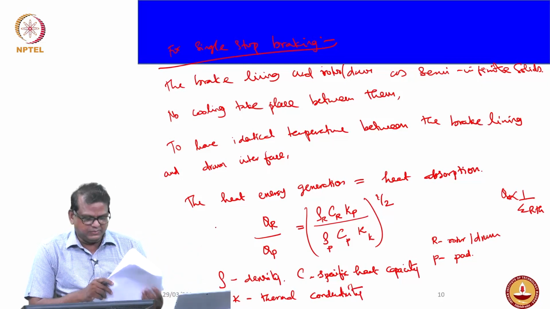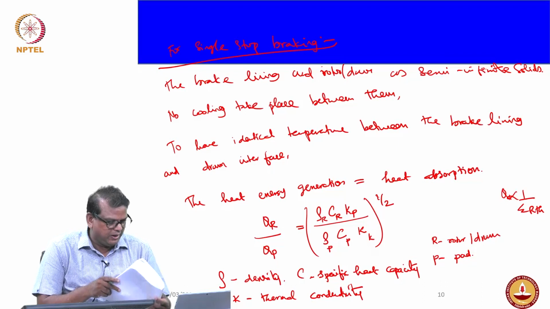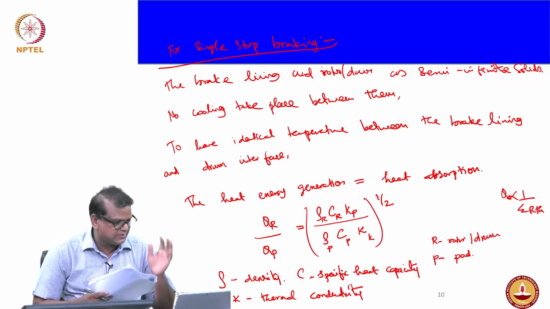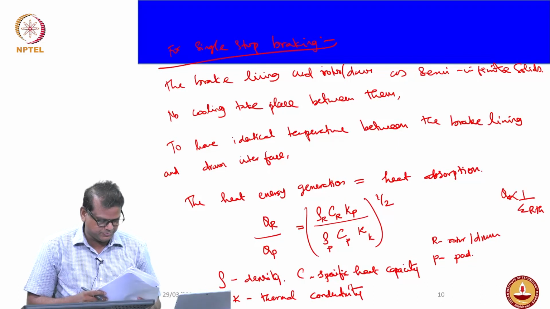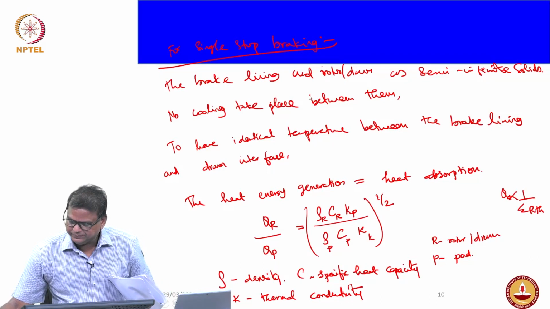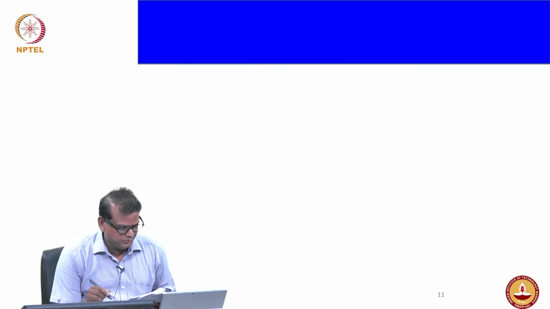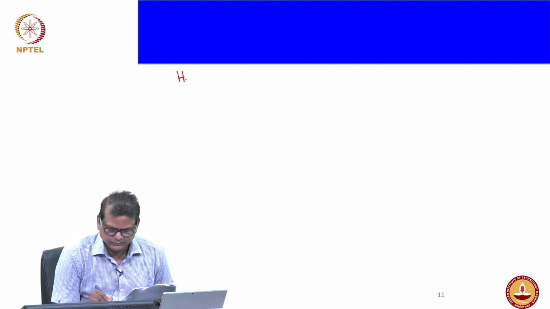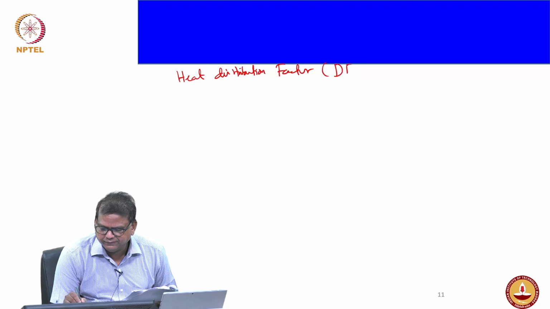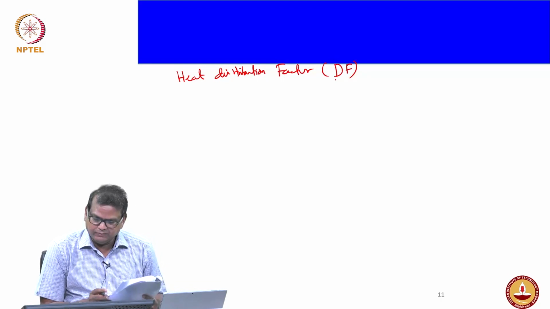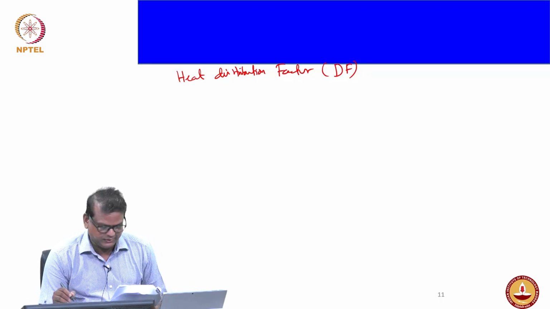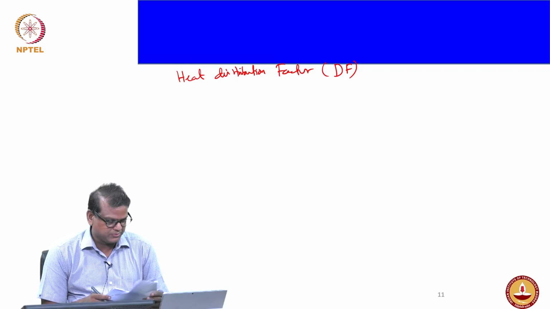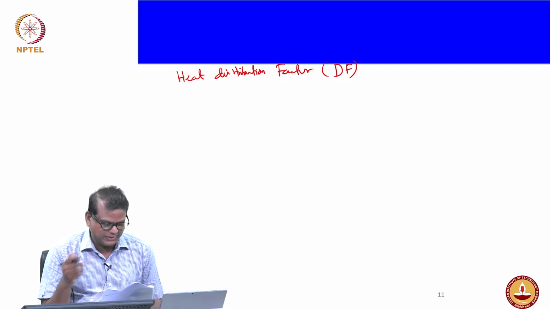I want to identify how individual heat transfer takes place between the lining and the drum. In fact, I need to identify the heat distribution factor, dF, individually for the rotor as well as for the brake lining.